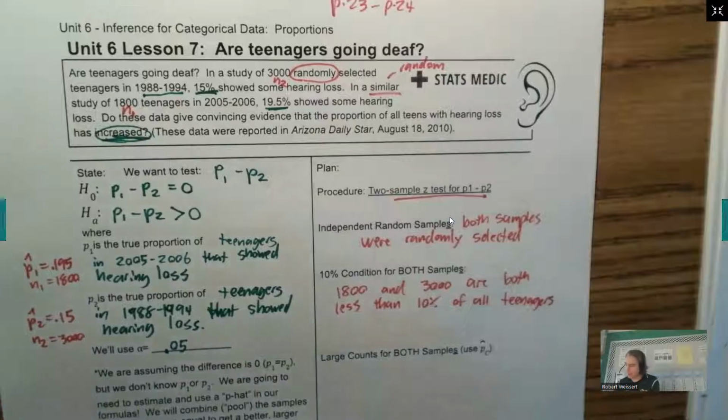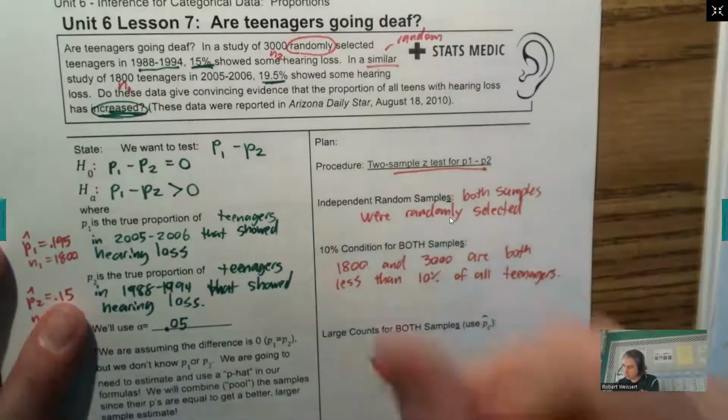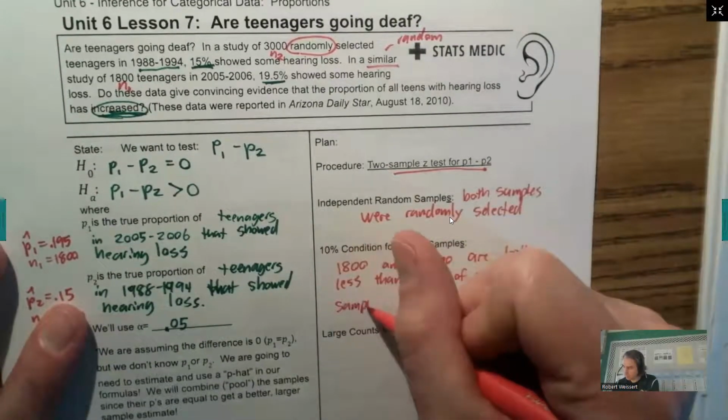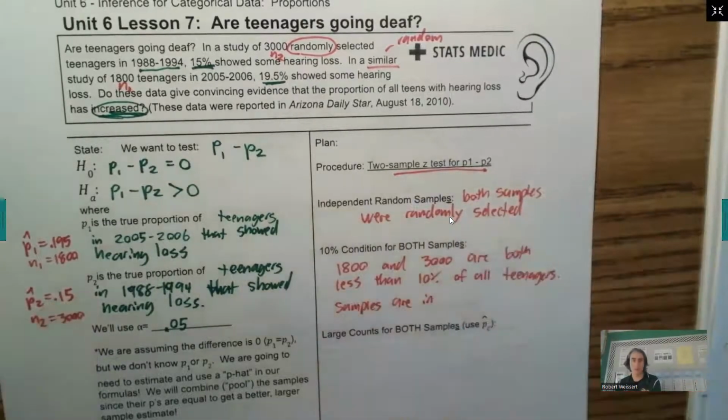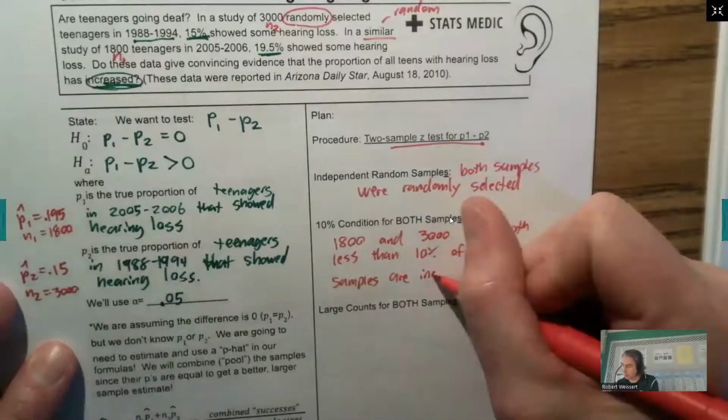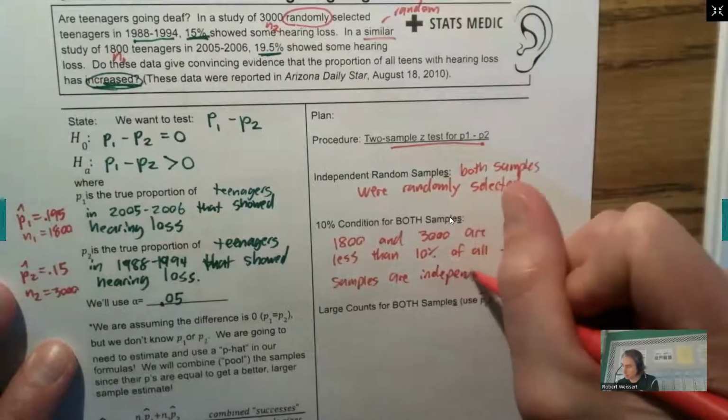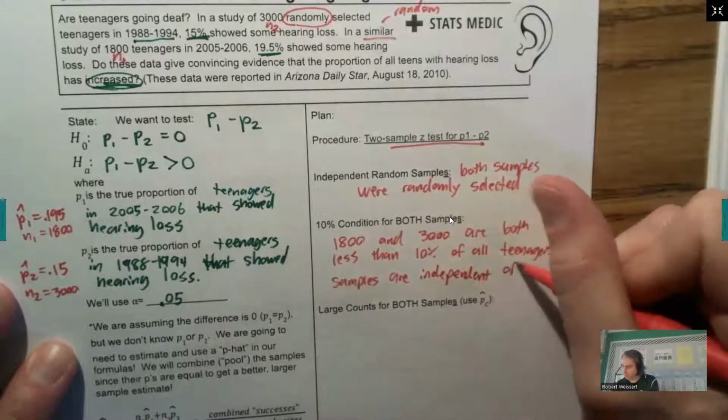These samples are independent of each other. It's kind of important to include that because we don't want them to be interacting with each other. So while it's assumed to be true, we want to write that.